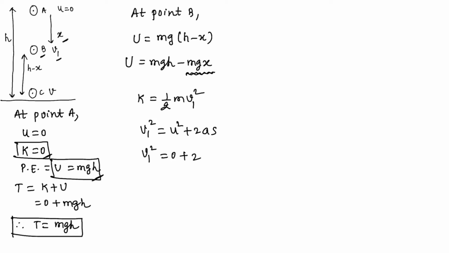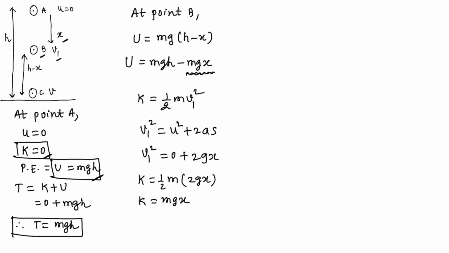As it is falling down, acceleration becomes acceleration due to gravity, g, and displacement is x. So v1 squared is equal to 2gx. If we substitute this value of v1 squared in the K formula, K is equal to half m times 2gx. So kinetic energy becomes mgx.